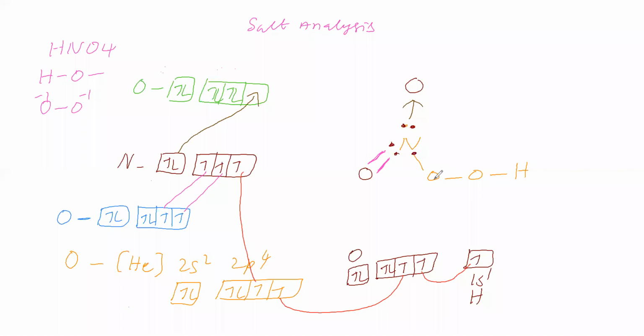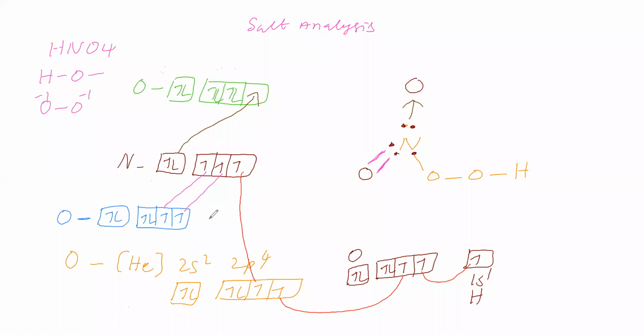Now the bonding we have given for nitrogen like this, is it correct? It is incorrect. Why? Because we have to give hybrid orbitals for nitrogen. So we will give hybridization to nitrogen.